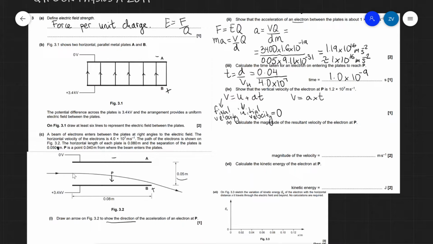So this will be equal to the acceleration. I'm going to use the more precise value that we got for the acceleration, which was 1.19 times 10 to the power of 16, multiplied by the time, which is 1.0 times 10 to the power of minus 9, and this will give us the answer about 1.19 times 10 to the 7 meters per second, which is approximately equal up to two significant figures to 1.2 times 10 to the power of 7 meters per second.